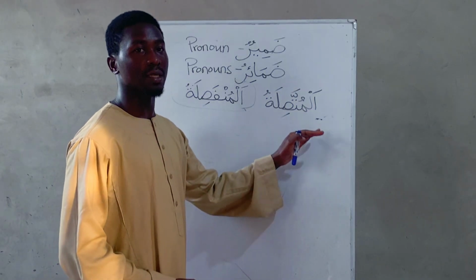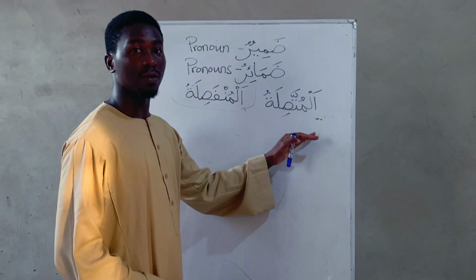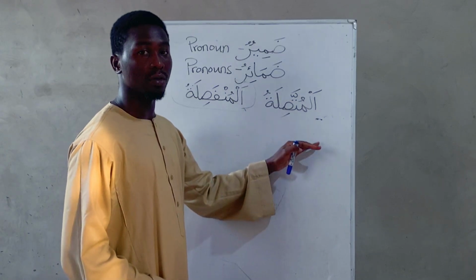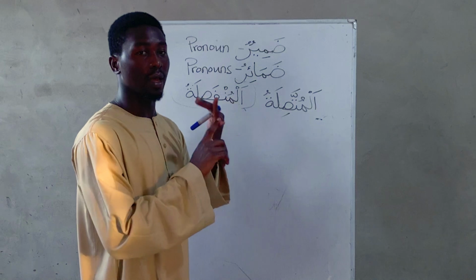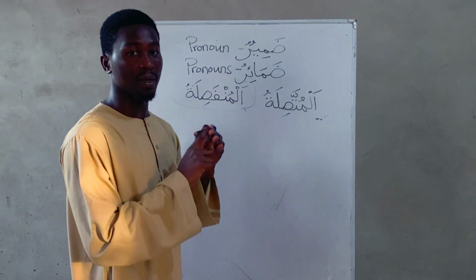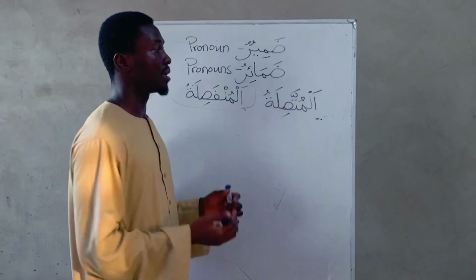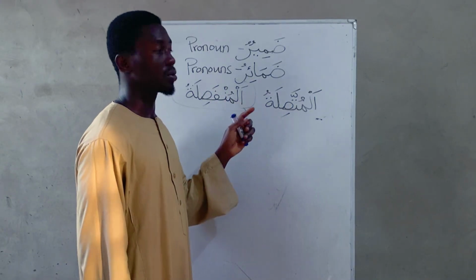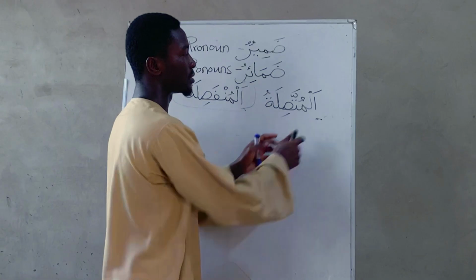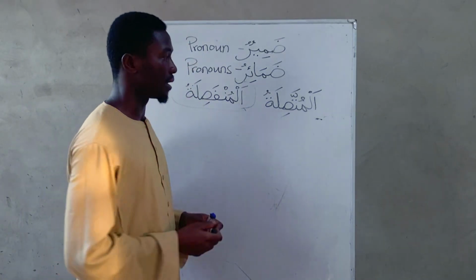That word could be a noun, a verb, or a particle. Whichever of the three parts of speech we learned, we could join to a pronoun. We are not going to learn those, but I will give some examples.